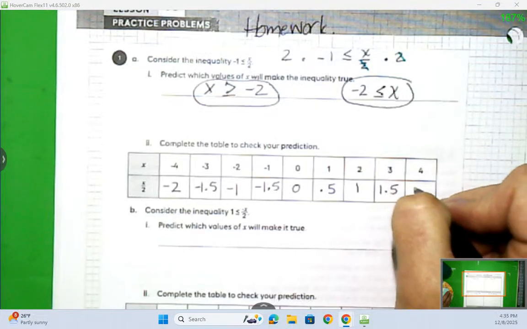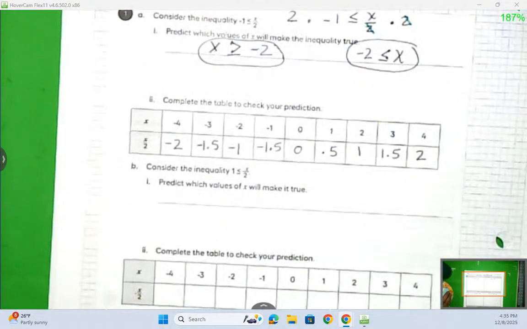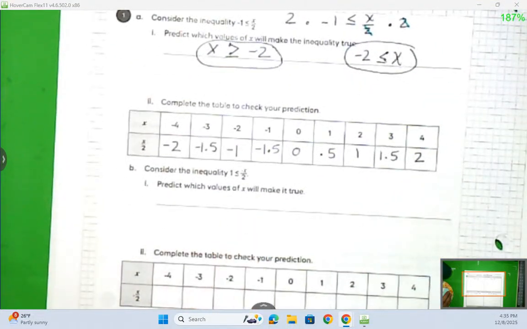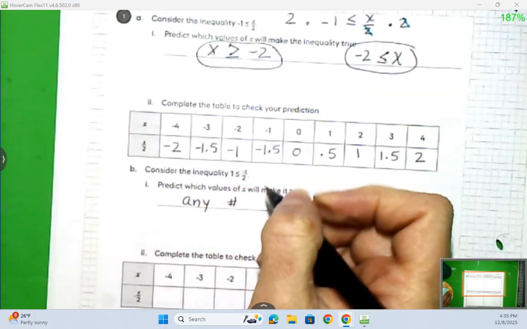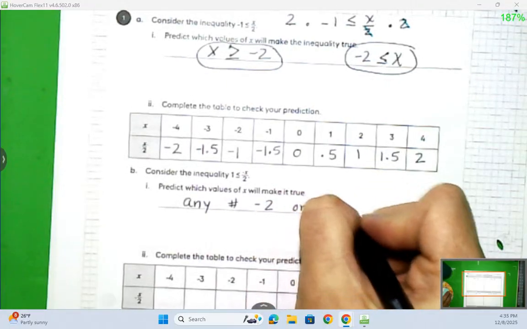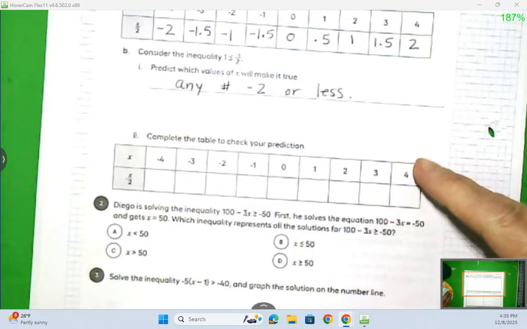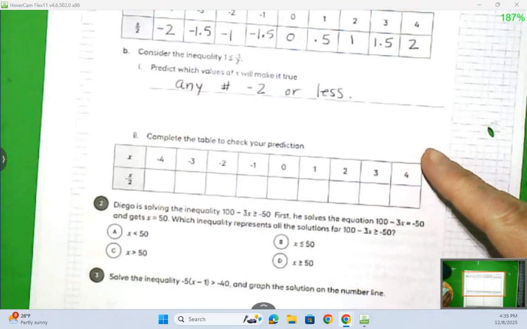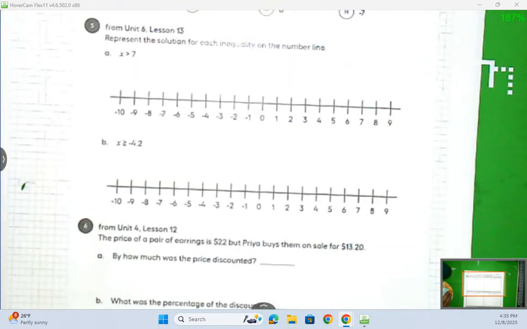And 4 divided by 2 is 2. Which values will make this true? So we're going to say any number negative 2 or greater. Okay, that was the example I worked out for you. You are going to complete this right here for homework and these other questions back here.